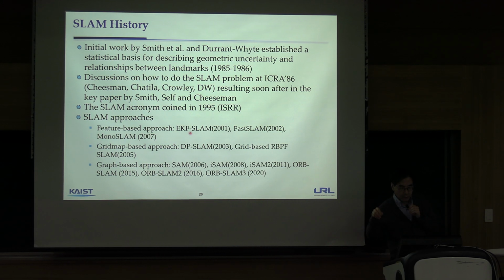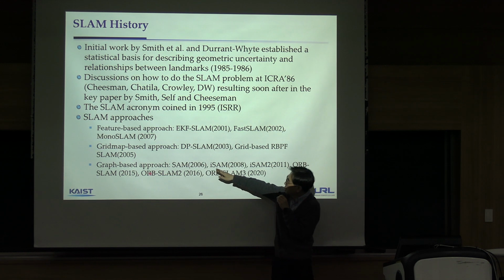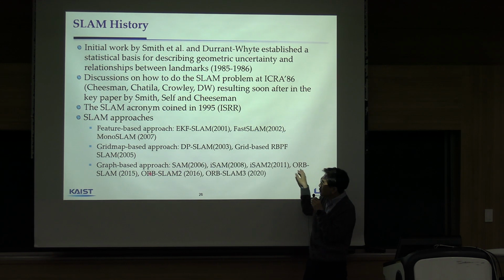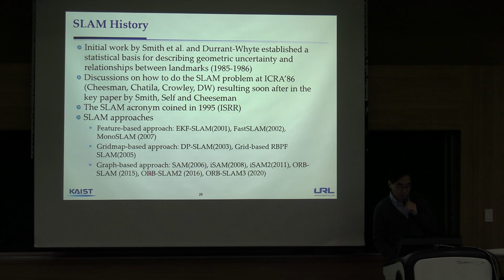Using the extended Kalman filter, they solved this SLAM problem. And using the particle filter or Monte Carlo localization, they solved the SLAM problem. That is called FastSLAM. And nowadays we mostly use graph-based approaches, like smoothing and mapping, incremental smoothing and mapping, and so on.